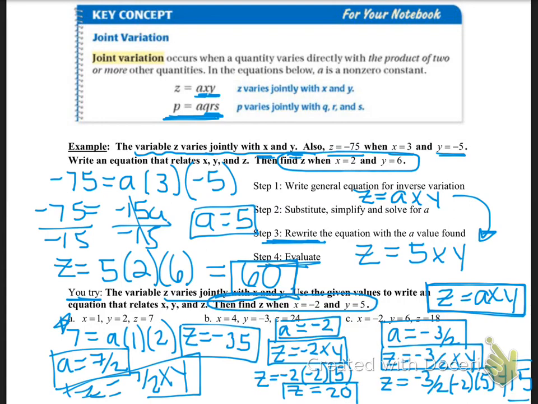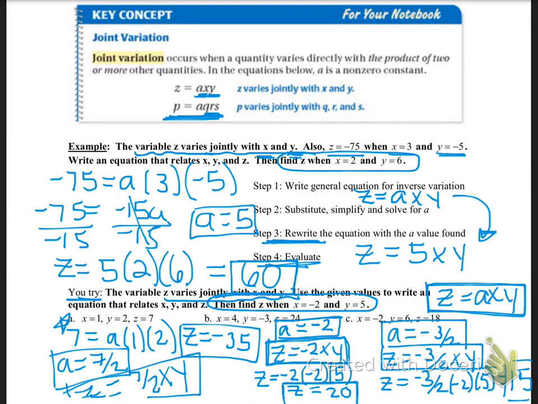So in B, once you plug in 24 equals a times 4 times -3, 24 equals -12a, 24 divided by -12, a equals -2. Then I wrote my general equation, or my particular equation. Then I plugged in -2 for x and 5 for y. My final answer is z equals 20.